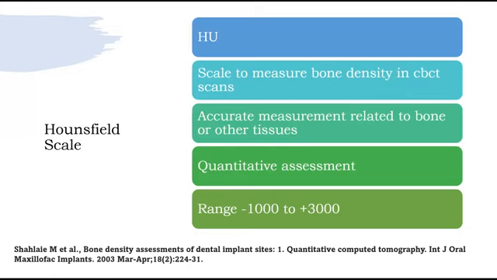The Hounsfield unit gives a quantitative assessment of bone density, measured by the ability of tissues to attenuate the X-ray beam. The Hounsfield scale ranges from -1000 for air to +3000 for enamel. Bone quality refers to both the thickness and density of the cortical plates as well as the trabecular portion of the bone, and this parameter influences or limits the success of the treatment protocol.